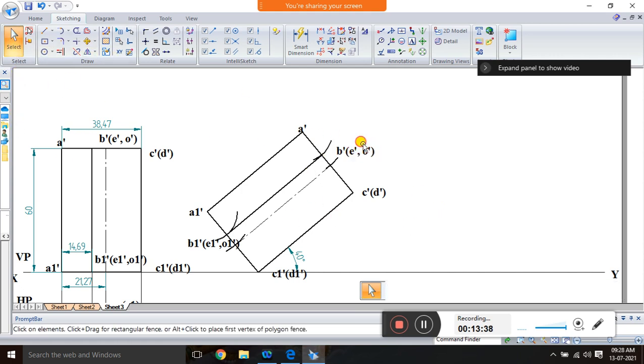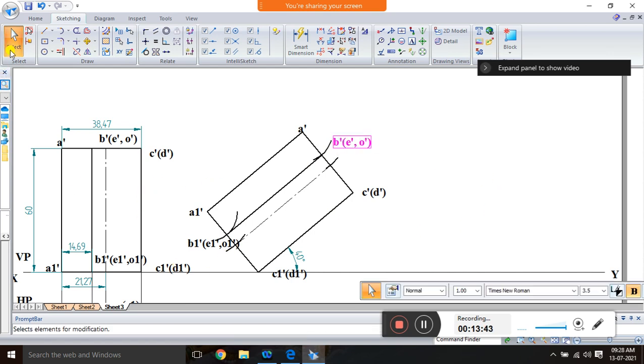Clear? So like this you have to mark the points. So this is O dash and these two B dash and E dash.